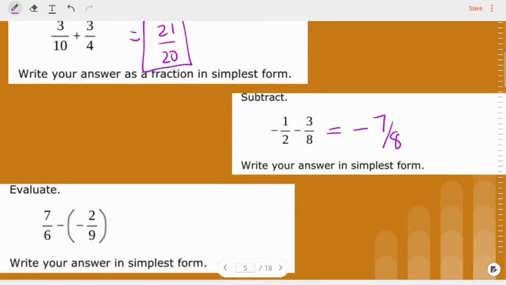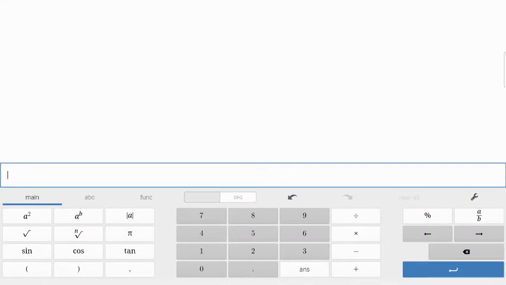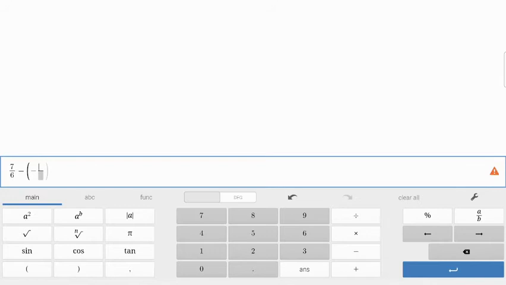And finally, 7/6 minus -2/9. Now, when your problem includes parentheses, make sure you include them. Don't leave them off. That can affect your answer. So let's demonstrate that last one. Fraction button, 7/6, arrow over, minus, parentheses over here on the left, negative fraction 2/9.